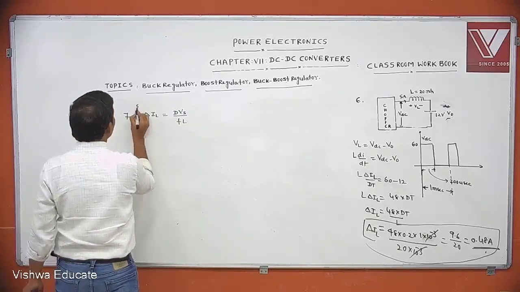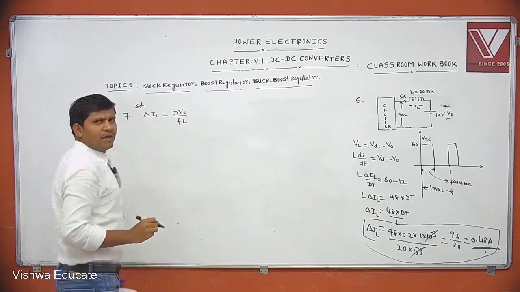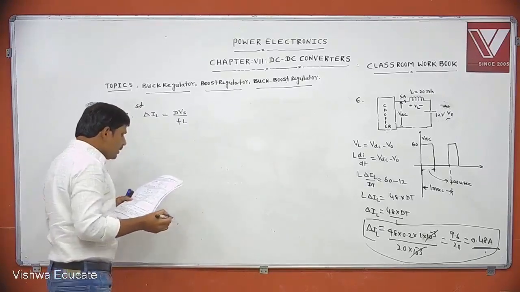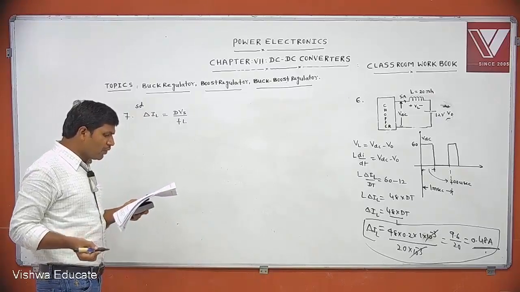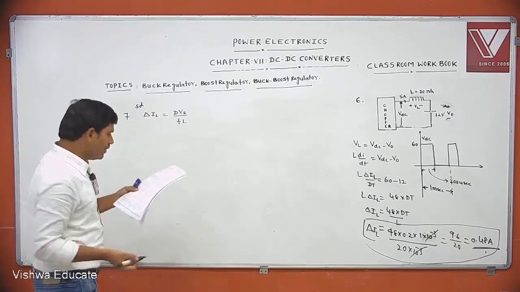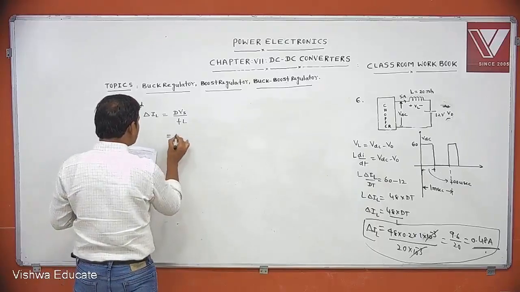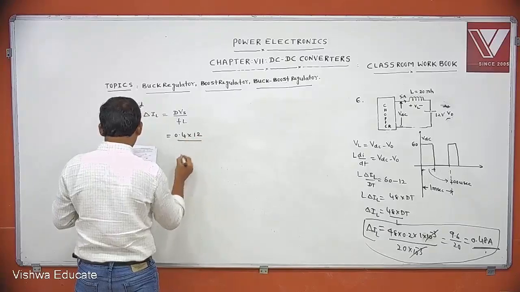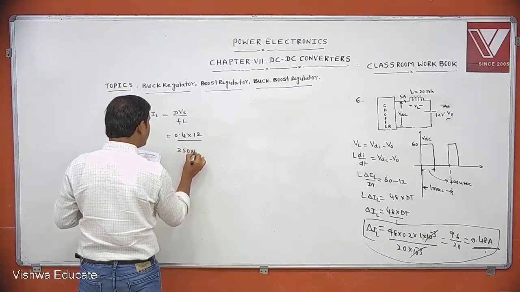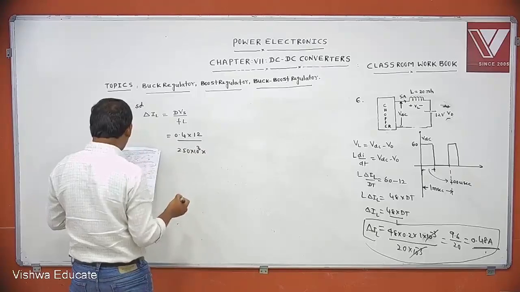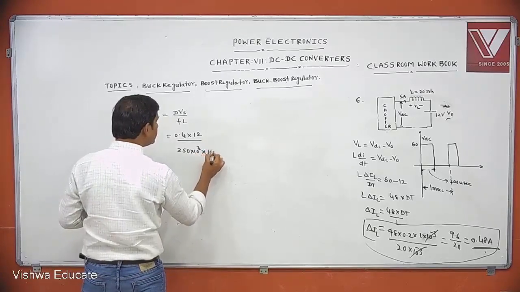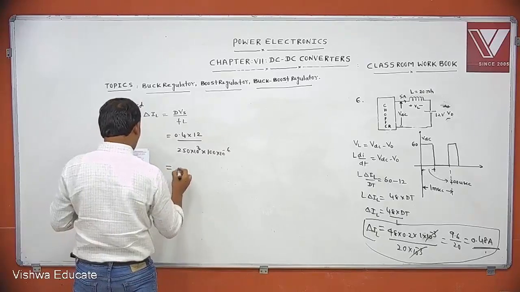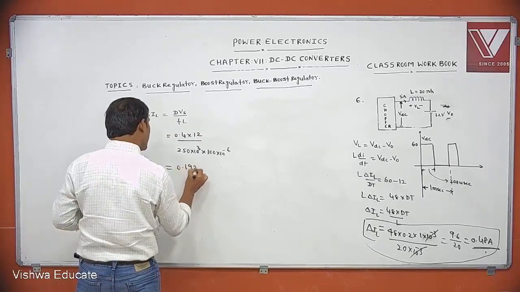The supply voltage is 12 volts, the duty ratio is 0.4, the frequency is 250 kHz, that is 250 into 10 cube, and the inductance is 100 microhenry, 100 into 10 power minus 6. Simplifying, we get 0.192 ampere.